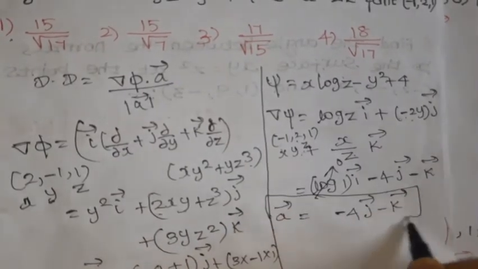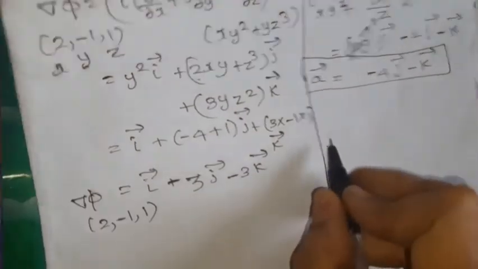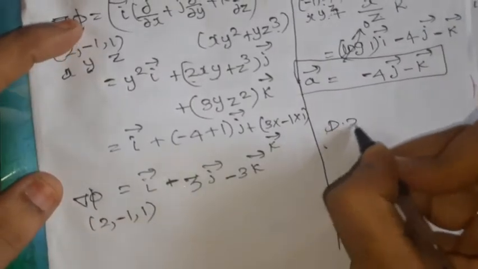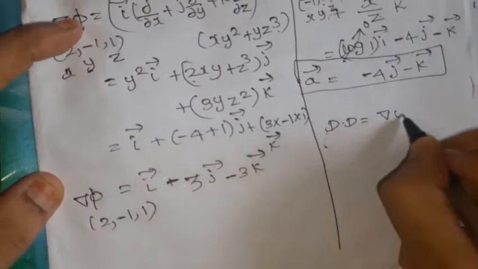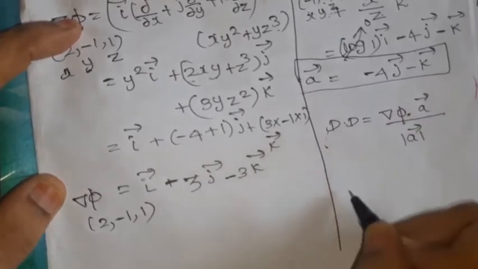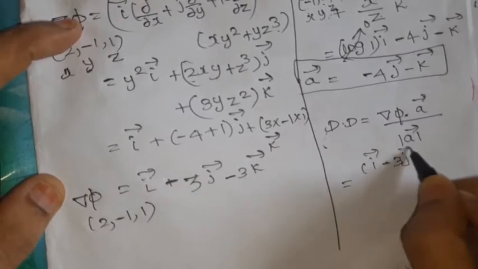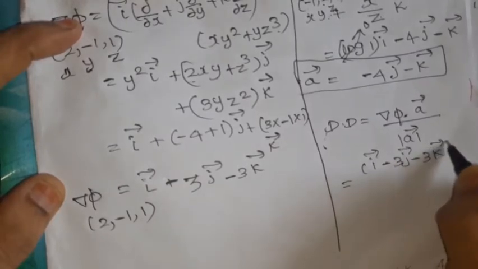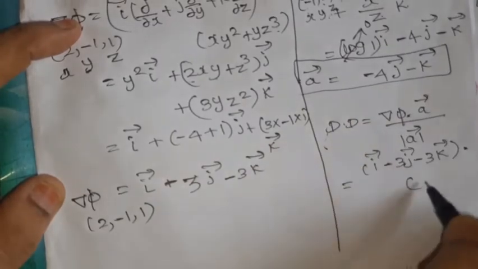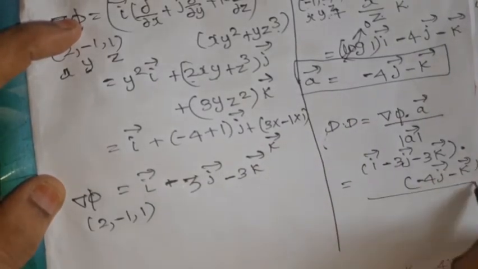We know the del phi value. The directional derivative formula is del phi dot a divided by the modulus of the a vector. So del phi value is i - 3j - 3k, dot a vector, which is -4j - k. So do the dot product here.